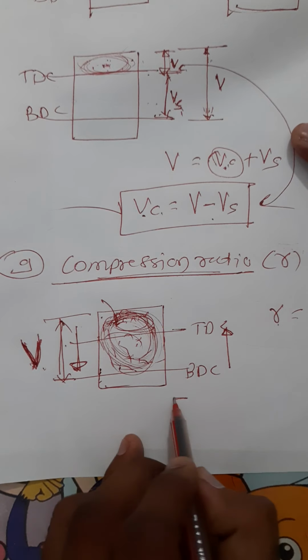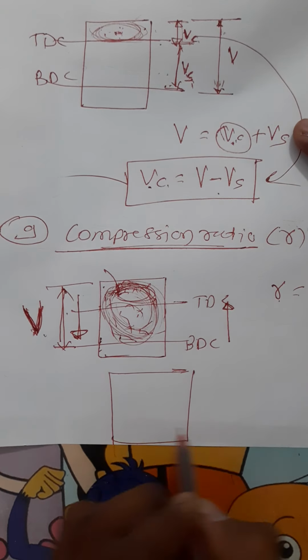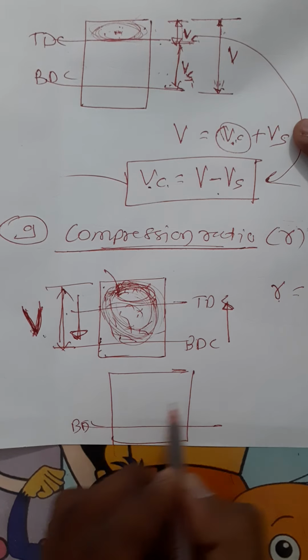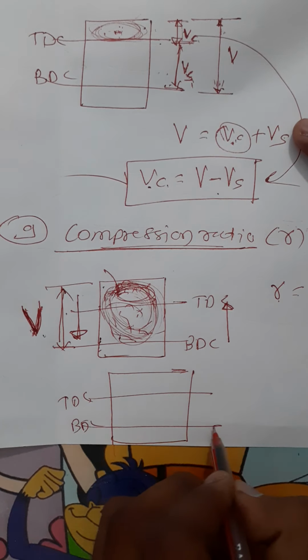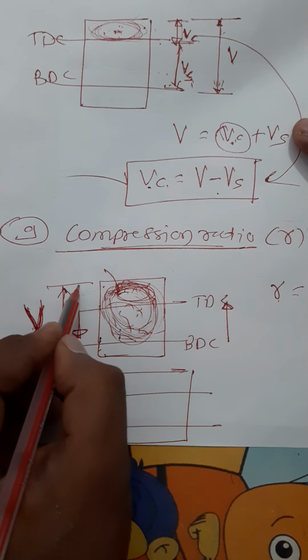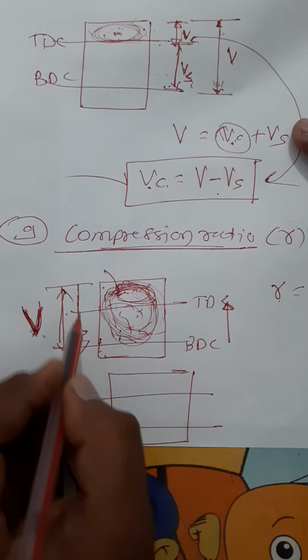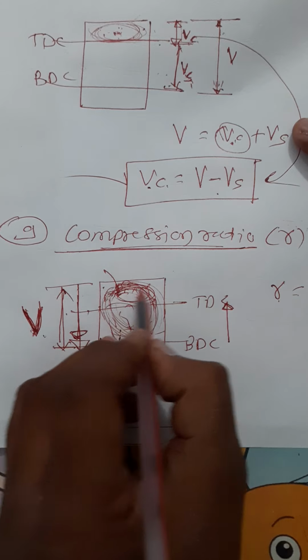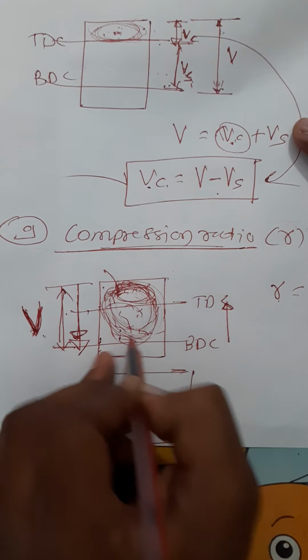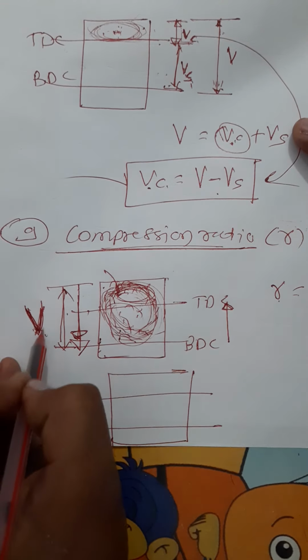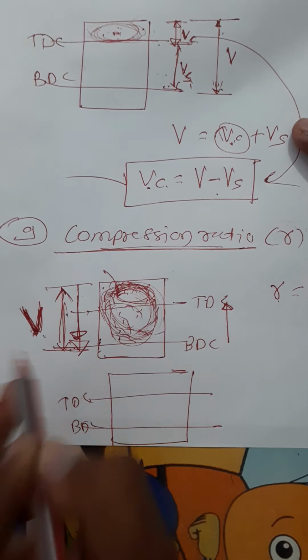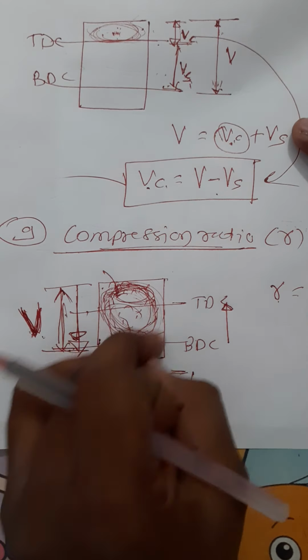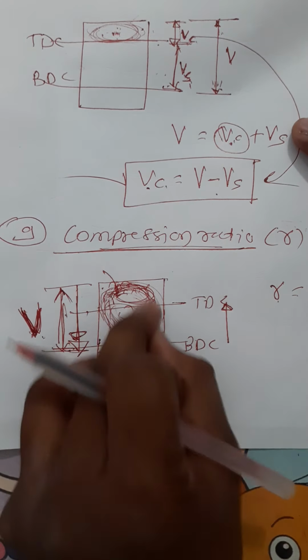So see my dear students, in the second figure, this is BDC, and this is TDC. Now in the first stroke our piston travels from TDC to BDC. During this time, V amount of charge is there, the full charge. Now this cylinder is filled by this charge.